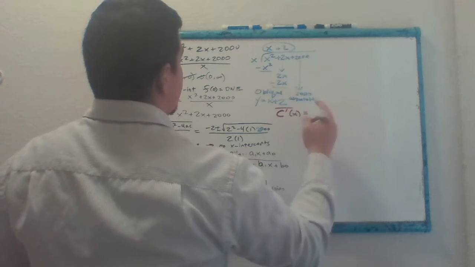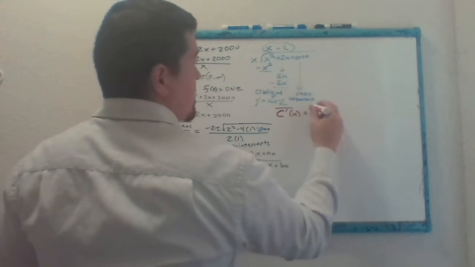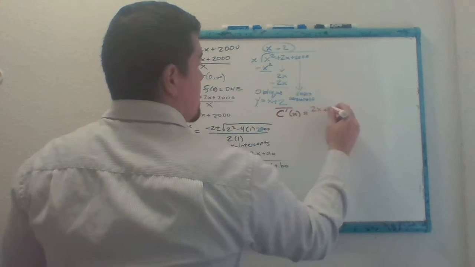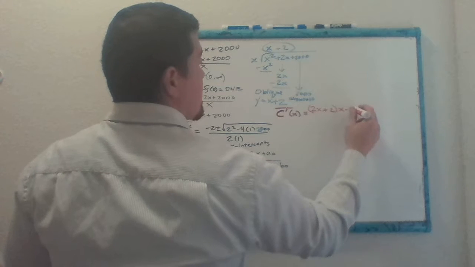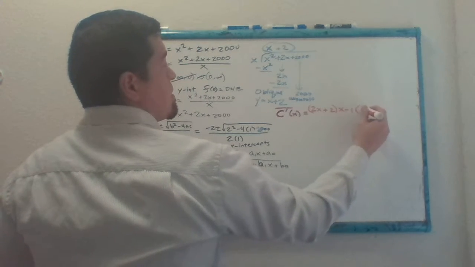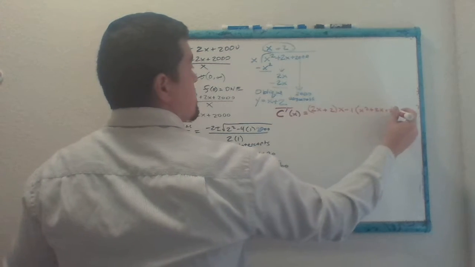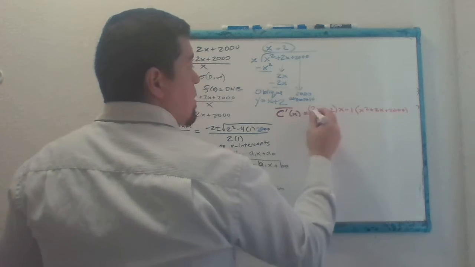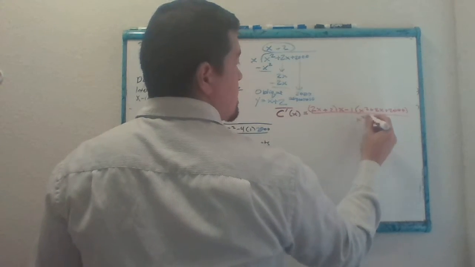It's another quotient rule. It's going to be 2x plus 2, the derivative of the first, times the second unchanged, minus the derivative of the second, which is x, which is 1, times the first unchanged, x squared plus 2x plus 2000, all over the second squared, all over x squared.